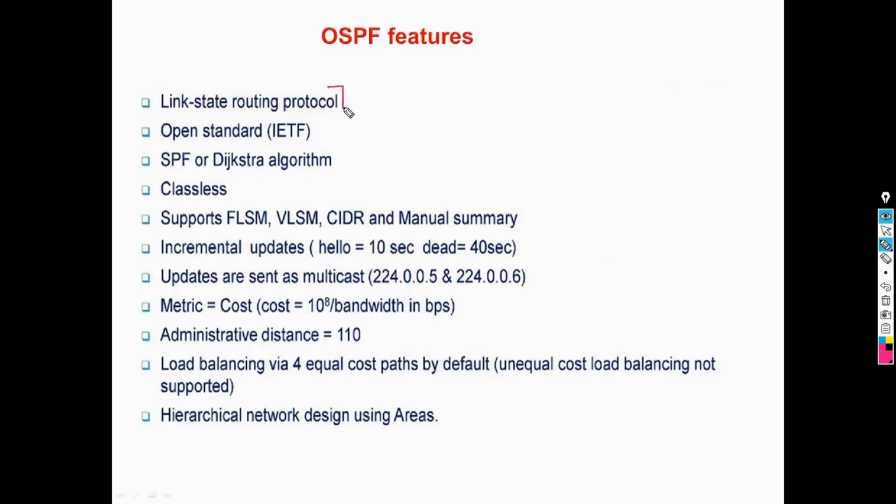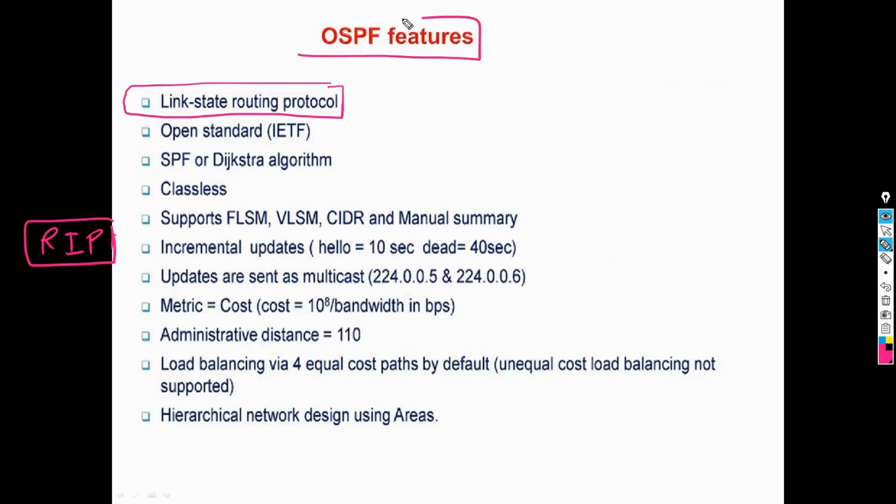OSPF is a link state routing protocol. If you talk about the RIP protocol, RIP is an open standard protocol. OSPF is also an open standard protocol. OSPF is a link state routing protocol, but RIP is called a distance vector routing protocol.